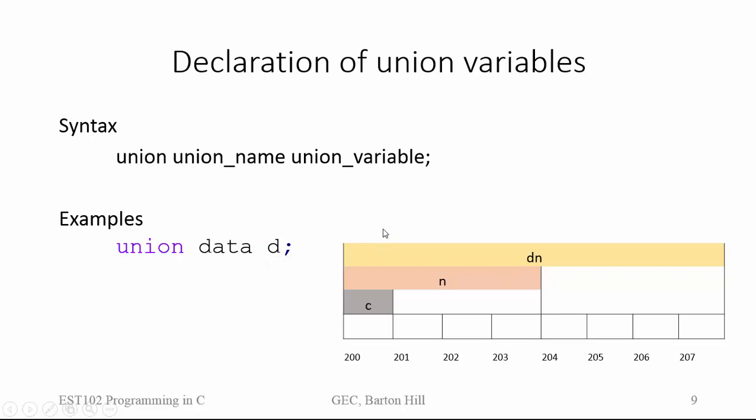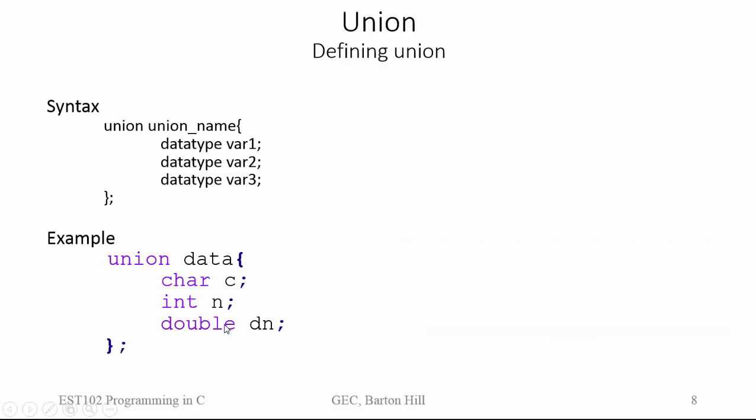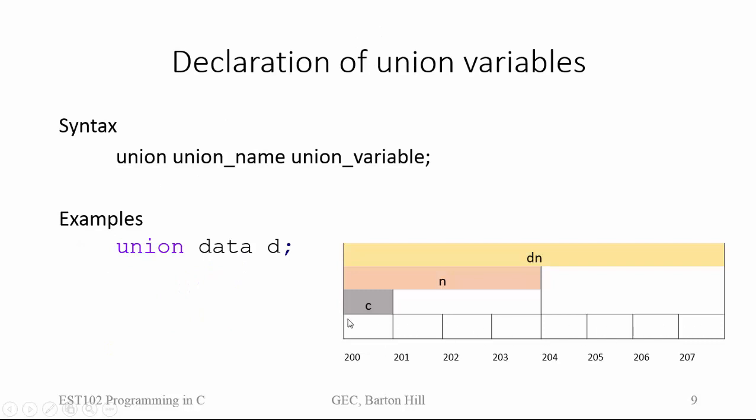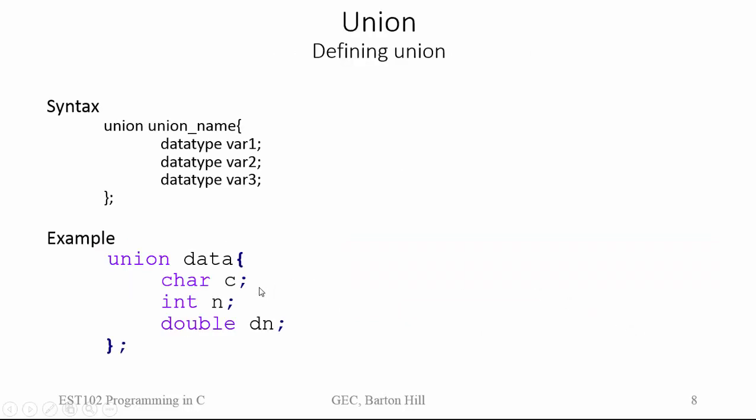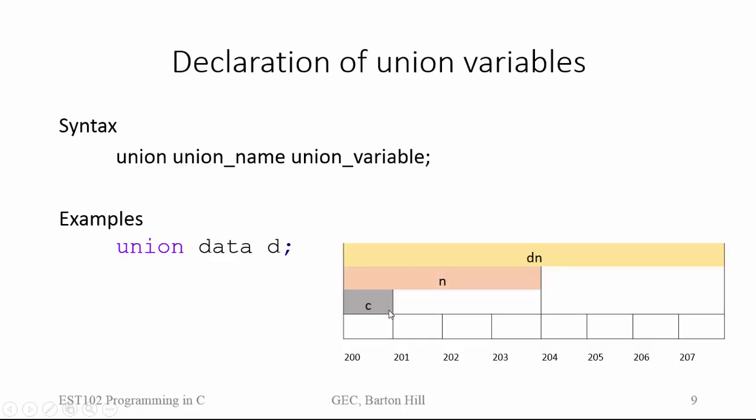Now if you observe this, the largest data type is double, which is 8 bytes. So the space for the largest element in the union is only allocated, that is 8 bytes, and it will be used by all the variables, that is C, N and Dn. We can only use one member of the union at a time.